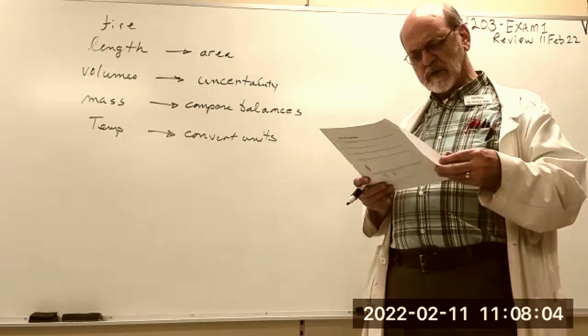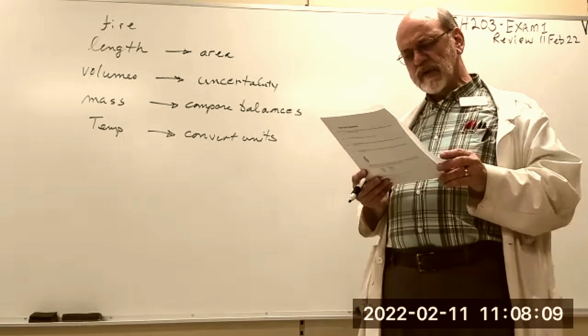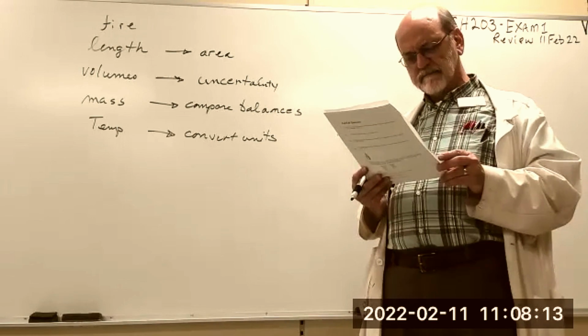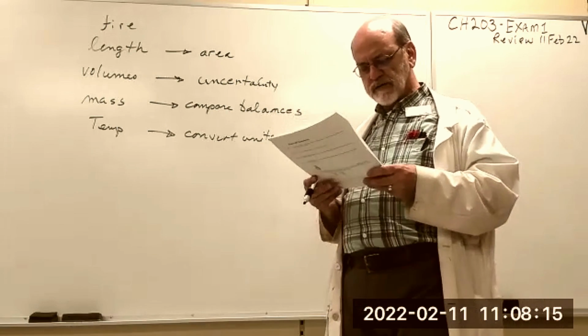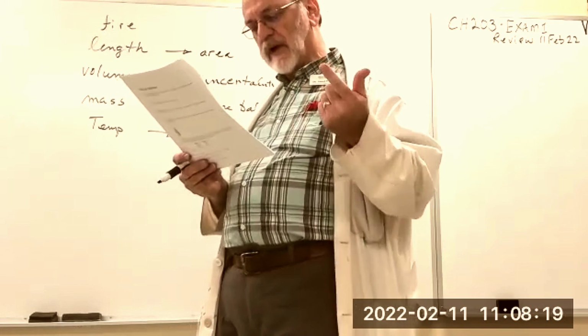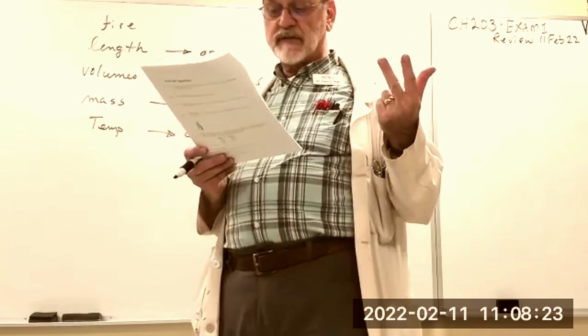Then on the next pages, we have some calculations that need to be done. Unit conversions. Probably the hardest one is going to be number 9. Because you got to compare masses in ounces, grams, and milligrams to the correct number of significant figures.